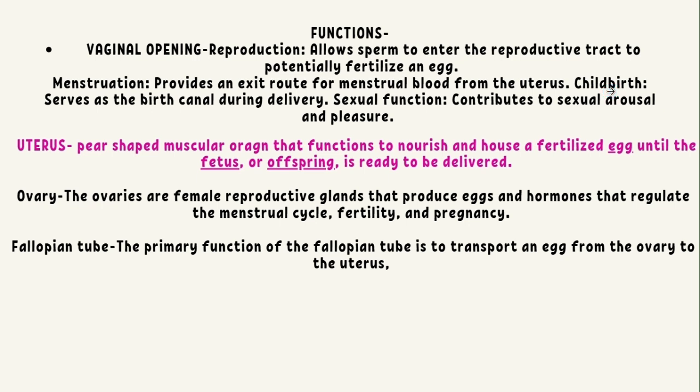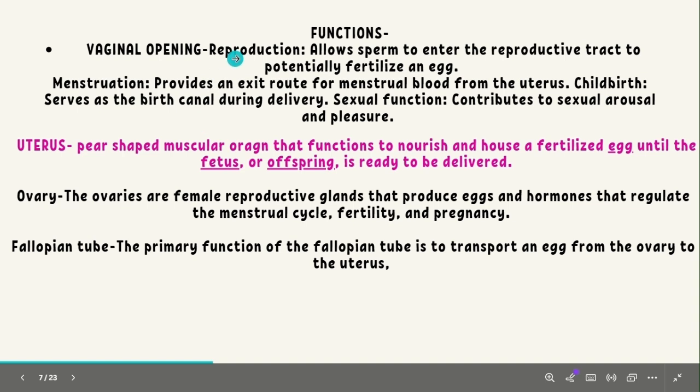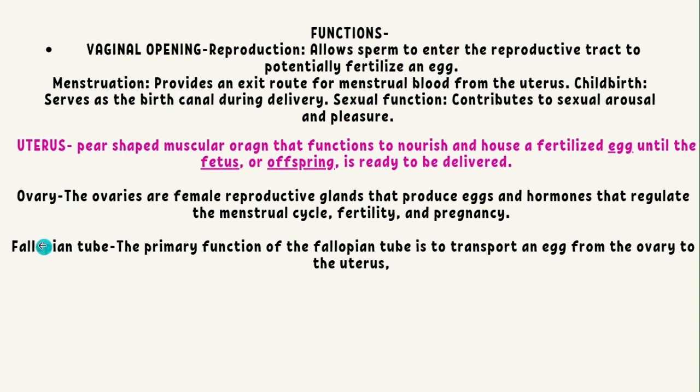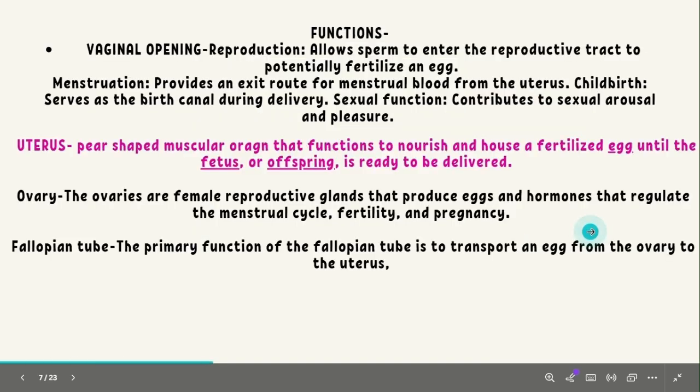It also functions in childbirth, serving as a birth canal during delivery, and also for sexual function. Basically, everything has to pass the opening right there. If you give birth, it has to pass right here. Menstruation has to pass right here. So this is very, very important.